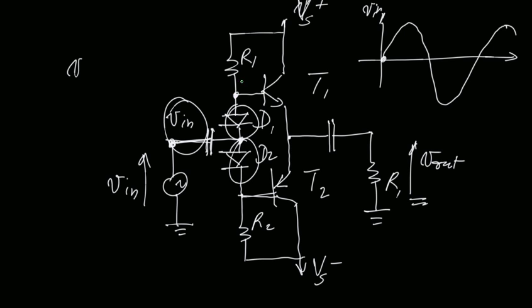That means the voltage at B1, let's call it VB1, is 0.7 volts over Vin. Okay, so the voltage here is 0.7 volts over here. And we can assume that this is just a wire. Let's just delete that capacitor altogether. We don't even need it. So I'm going to delete that capacitor and just put a wire.